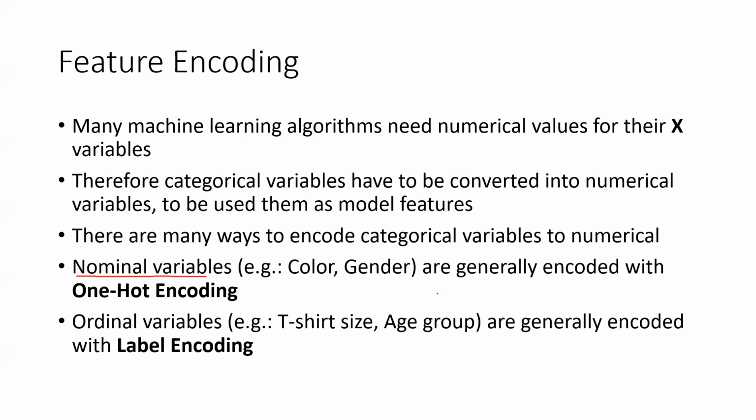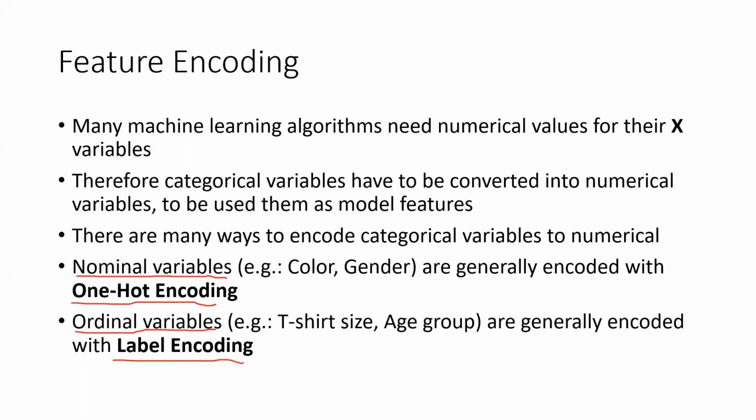Because they are too complex and subject to the problem that we are handling, I haven't specified all of them. I have only selected one for each type of variable. For nominal variables, we can use one-hot encoding, right? For ordinal variables, we can use label encoding.